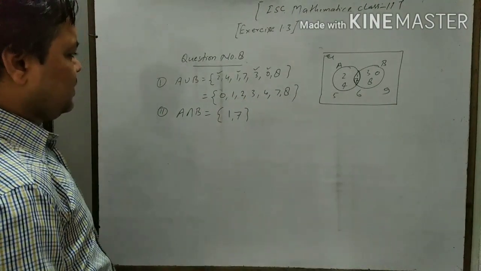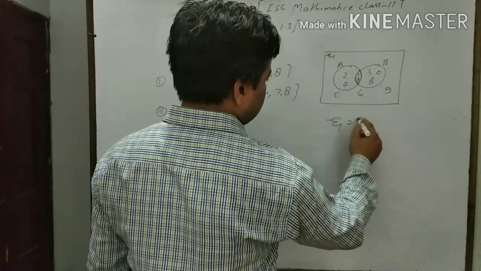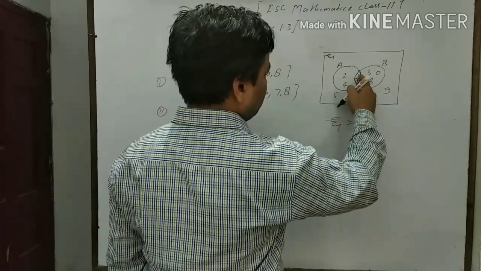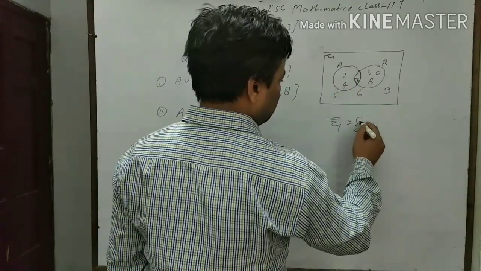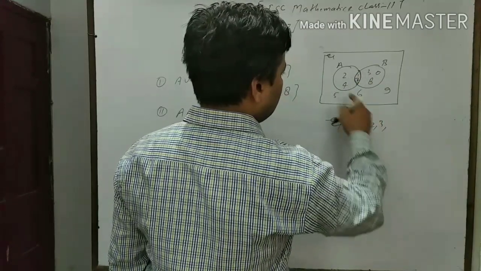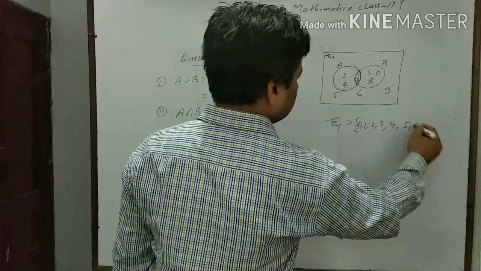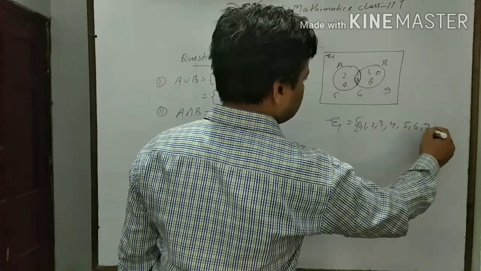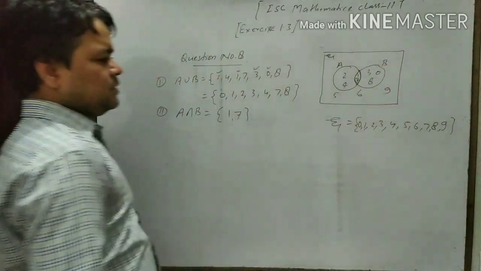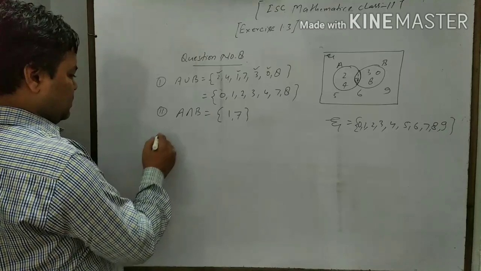And according to this figure, the universal set has how many elements? 0, 1, 2, 3, 4, 5, 6, 7, 8, and here 9. There are this many elements. A intersection B is 1, 7.